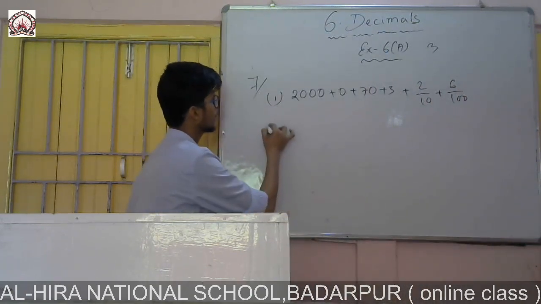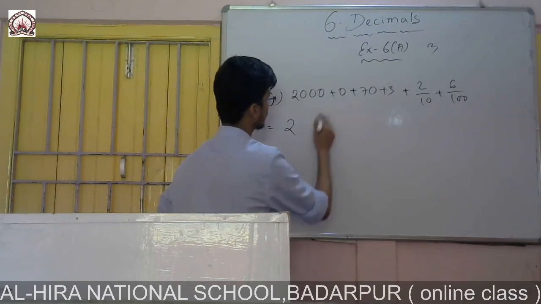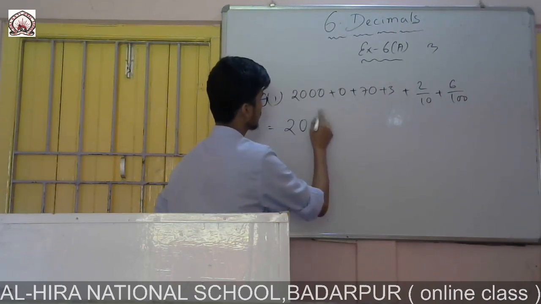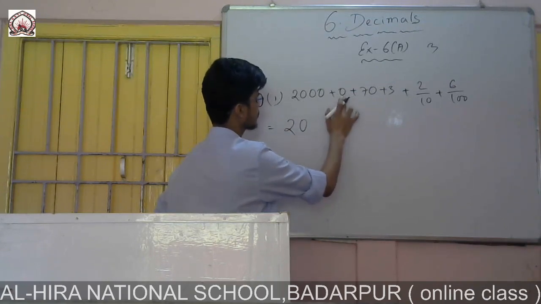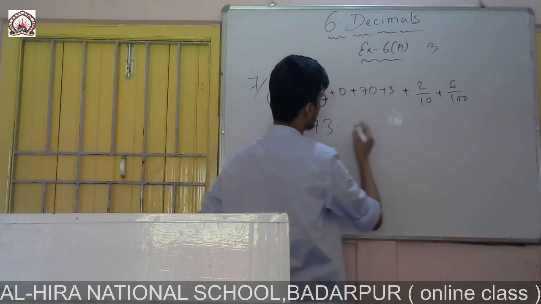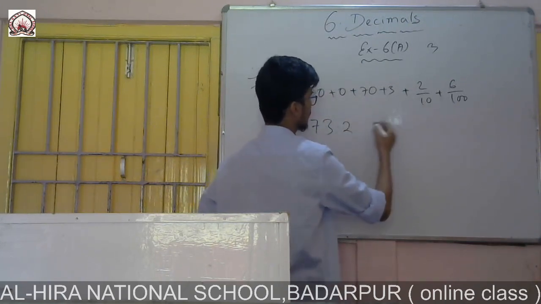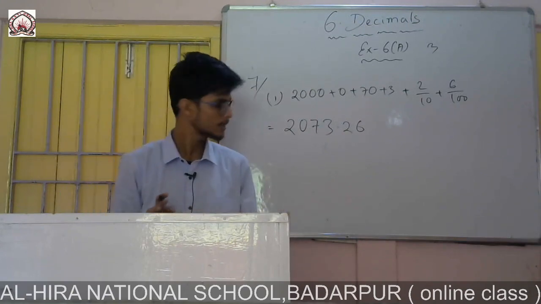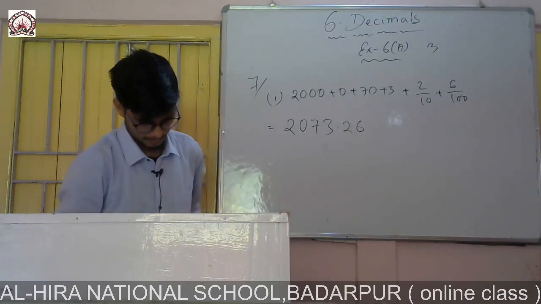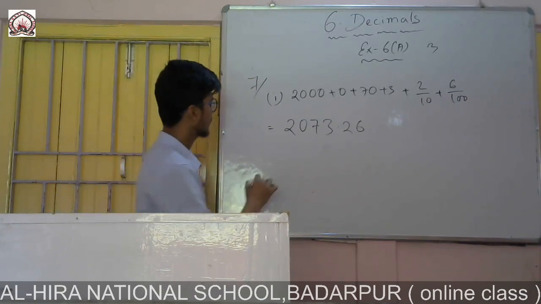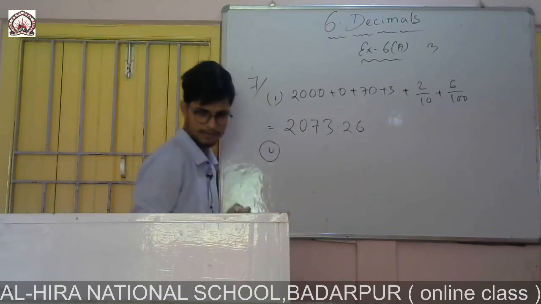So I can write it as 2, it is in the thousands place, then 0 in the hundreds place, then 7, then 3, and after the decimal 2 by 10 you can write as 0.2, and it is 6 by 100, so 0.26, 2073.26. Okay, now Roman number 5, you see all are the same, you try.